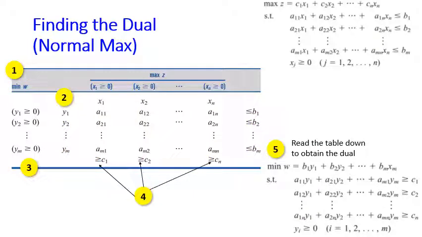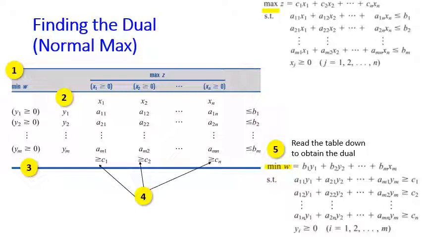Okay, so we have completed all the information that we need to read the dual problem of the given primal maximization. So let's start by writing down that our dual problem is a minimization problem, minimize W, because our primal is maximization.